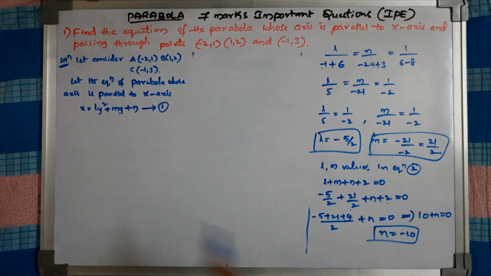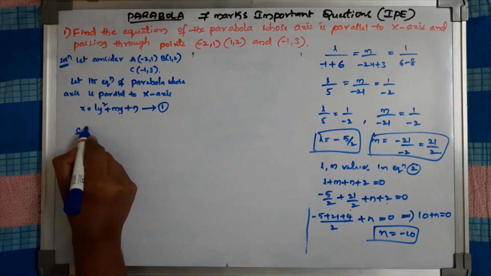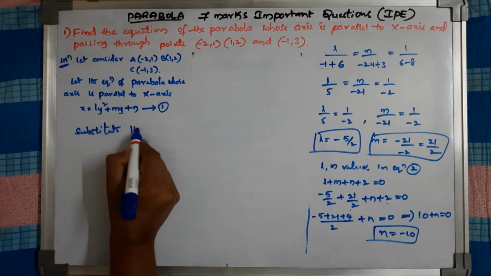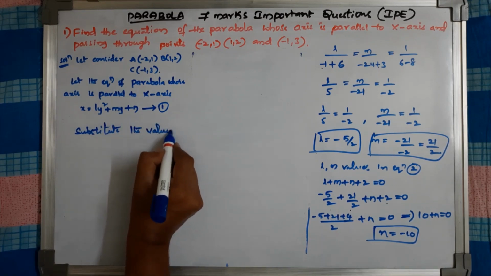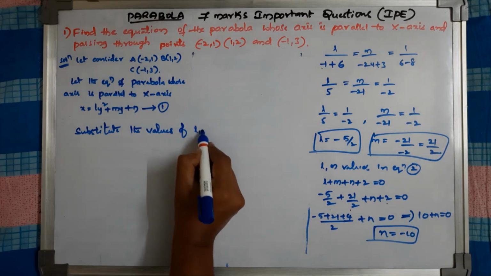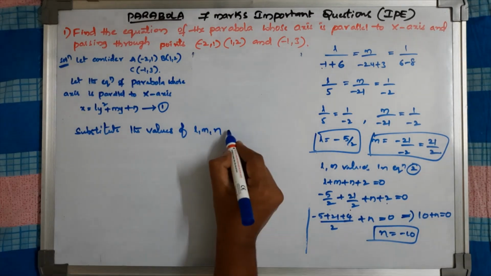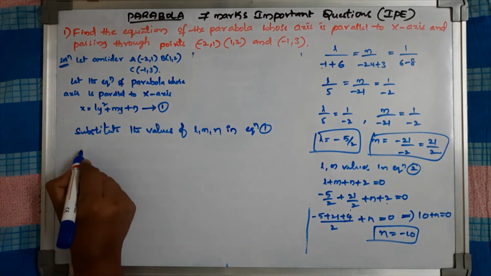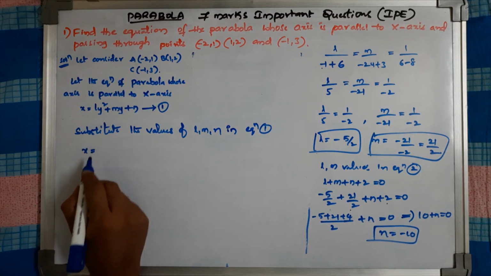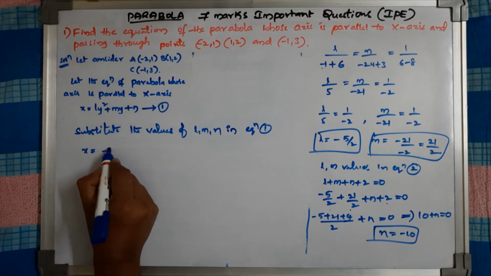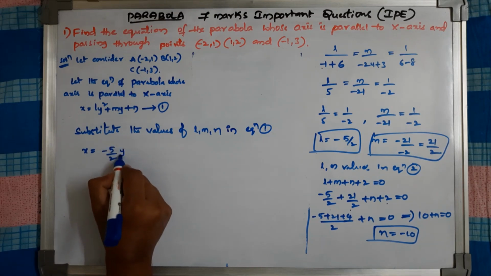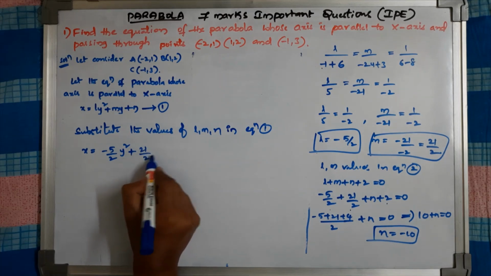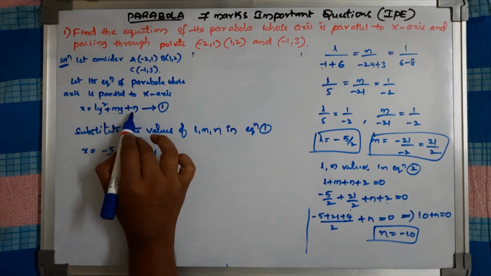Now the final conclusion is substitute the values of L, M, N in equation number 1, so that you get x is equal to, what is the value of L? Minus 5 by 2 y square plus m value is 21 by 2 y plus n value is minus 10.